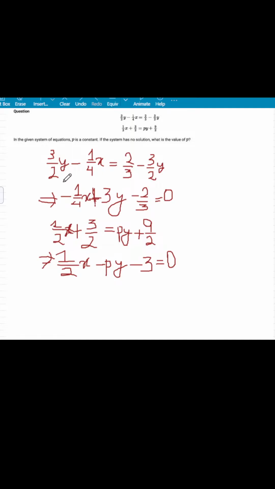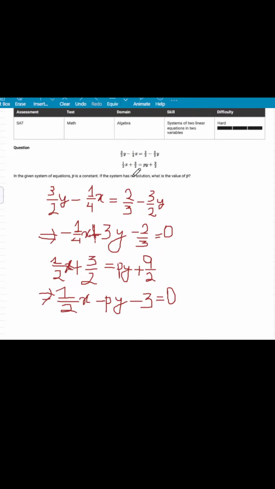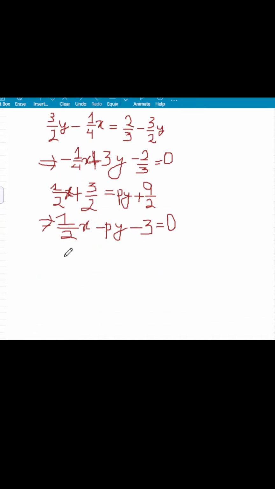Now we've got both of these equations in the standard form, so we'll compare the coefficients. Since the system has no solution, we have this condition: a1 by a2 is equal to b1 by b2, which is not equal to c1 by c2.